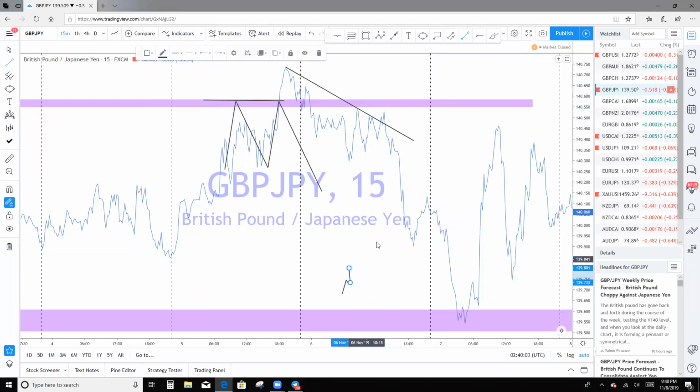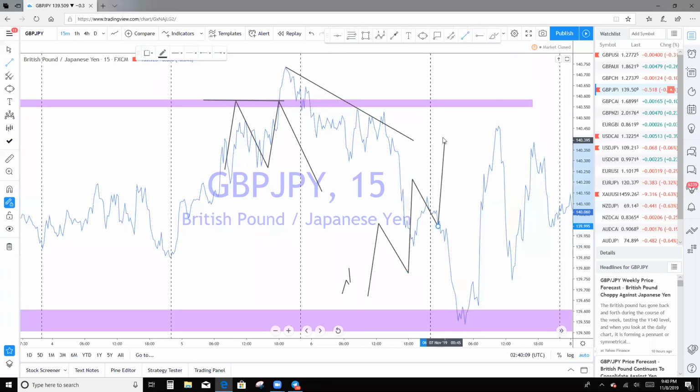You need to get some deep retracements and pullbacks like that, okay? I'll talk about Fibonacci in a second. You have to have something that looks like that, not this baby stuff here.